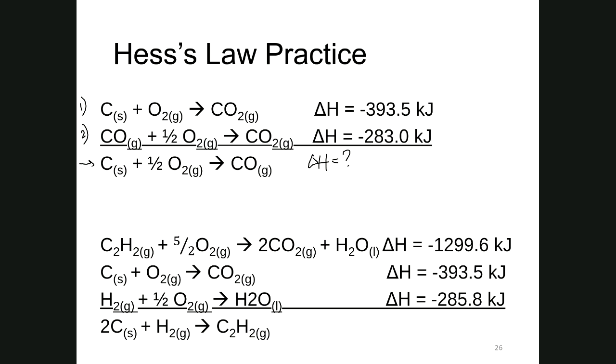From our steps, the first piece of information we needed to do was make sure that the reactants in the overall equation are reactants at least in one of the individual reactions. So let's start with carbon. We need solid carbon to be a reactant somewhere in these two reactions.